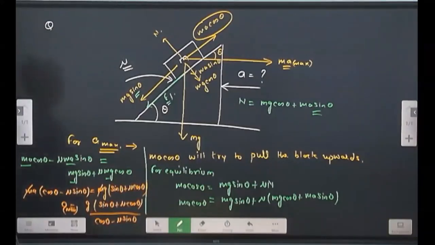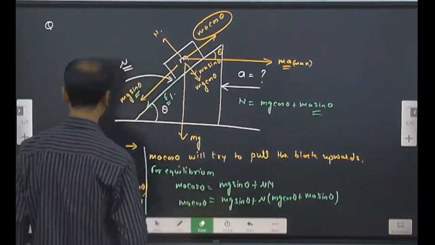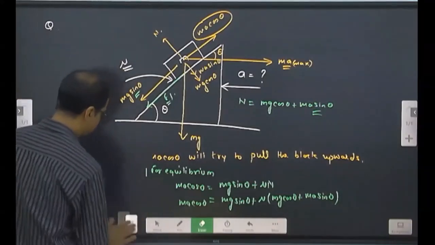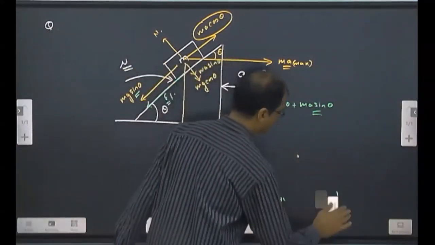Have you copied? Yes, sir. Okay, then start doing it for a minimum. Don't look at the board. I will also start doing it. You also start, but don't look at the board. Once you have done it, we will see the answers. Okay. You start. I'll be starting in a minute.